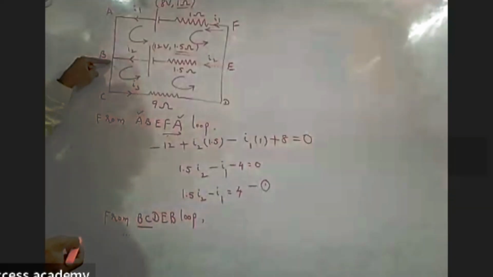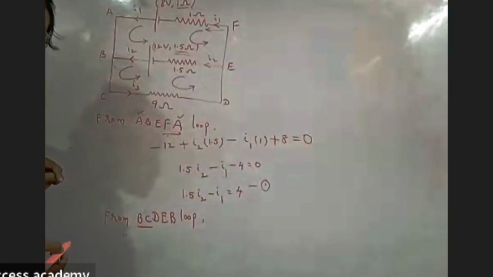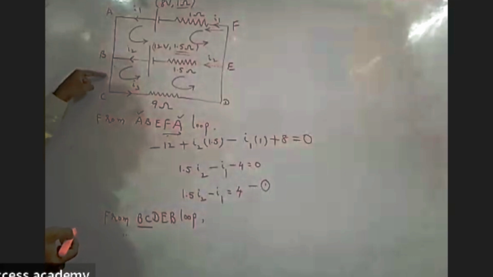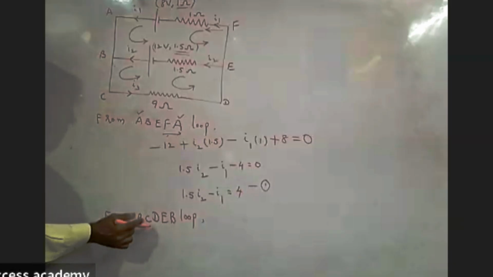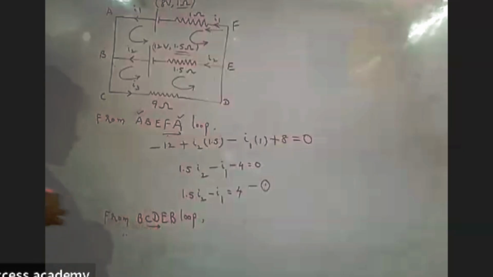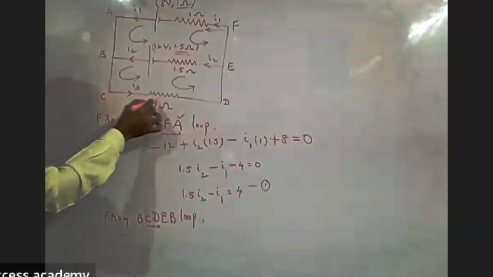BC means in this branch there is no cell and no resistor. So we just leave that BC branch and move to CD. In CD, there is one resistor.